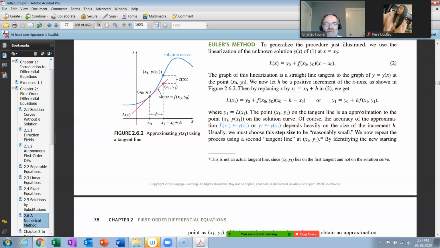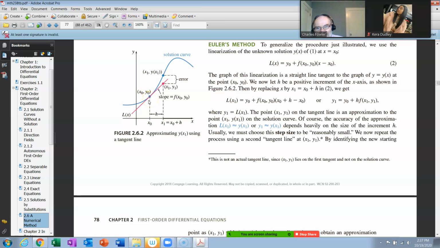Now we're going to evaluate that function of x and y at that one particular point that we know right here, x0, y0. And what is dy/dx? That's the slope. So that gives you the slope of the tangent line right there: f of x0, y0.